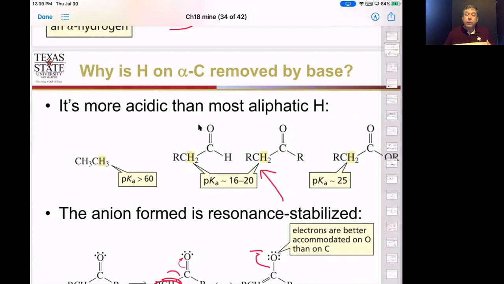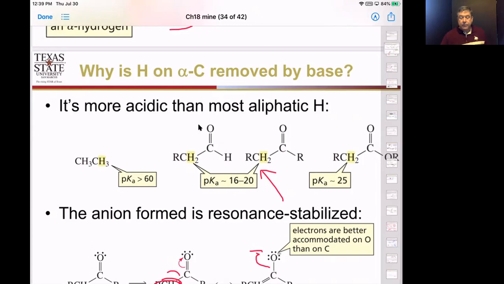Now, the other reason is that it is stabilized as an anion, because you have resonance, right? And remember, resonance is all about moving electrons only, okay? Resonance is moving electrons only. Keto-enol tautomerism moves a hydrogen. So tautomerism is different than resonance, okay?